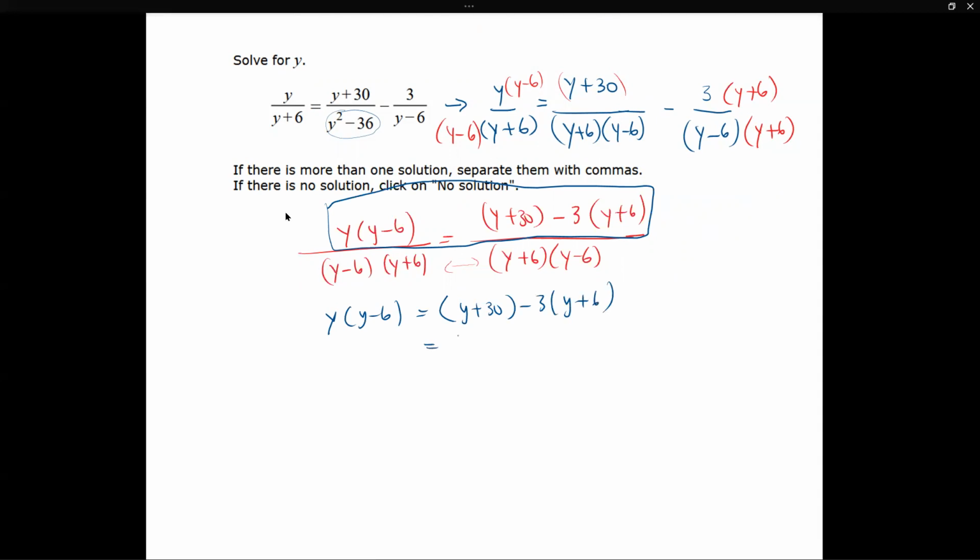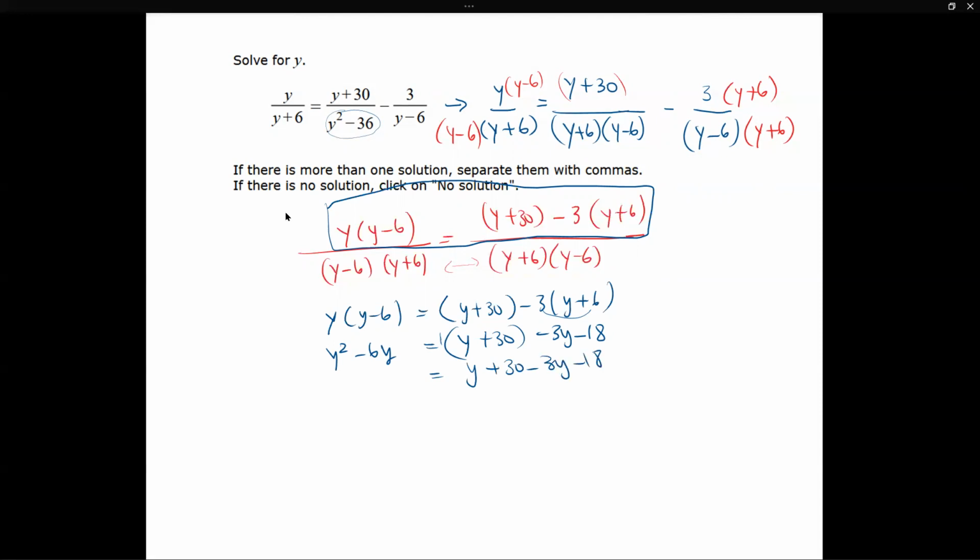And we can go ahead and say y plus 30 minus 3y, distribute minus 18, that's a negative 18 there, right? And y squared minus 6y. Here you remove parentheses, just 1, so 1 times y is y, 1 times 30 is 30.